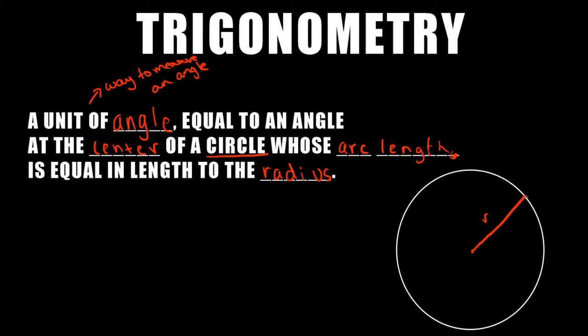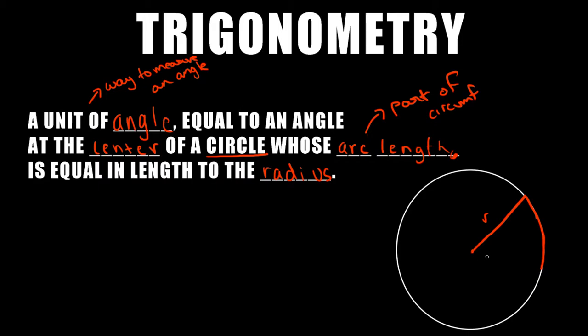And then your arc length is basically the length of this given arc. It's basically the length of any given stretch of the circumference of the circle. The total length of a circle is called its circumference, and then the arc is just a part of the circumference. I'm just going to call it circumf. I'm not going to write the full thing out.